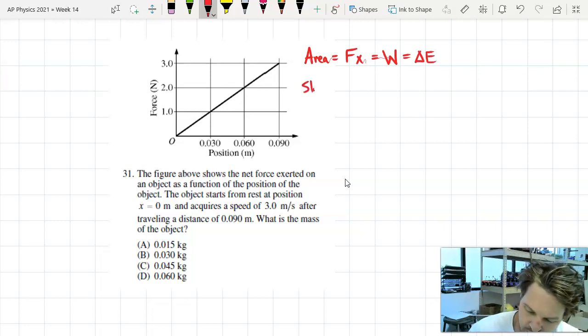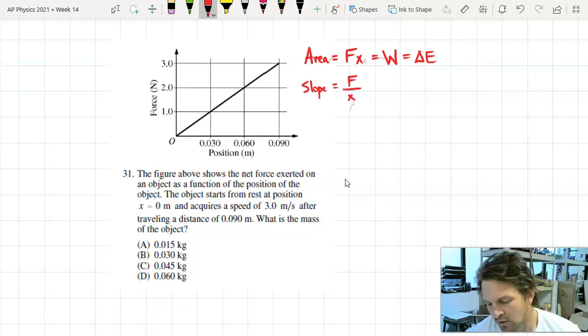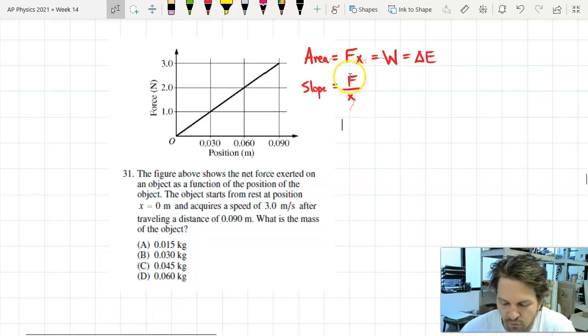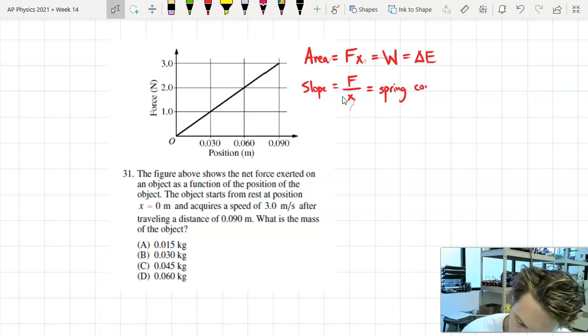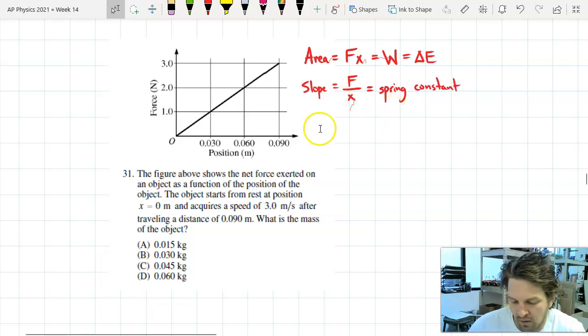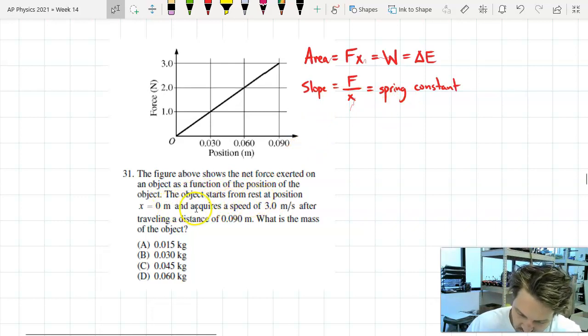The slope gives me a force over a position. So a Newton, a unit of force divided by a unit of length, this would give me a spring constant. Newton over a meter, right? So let's see what it asks. The object starts from rest at position x equals 0, acquires speed of 3 meters per second. What is the mass of the object?